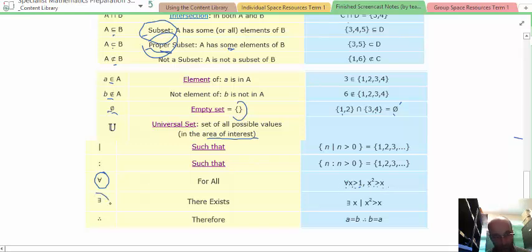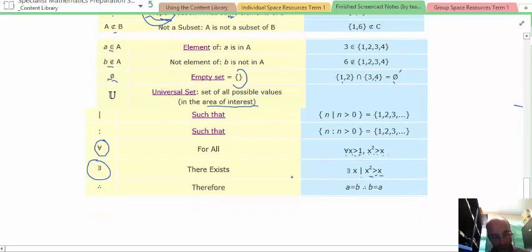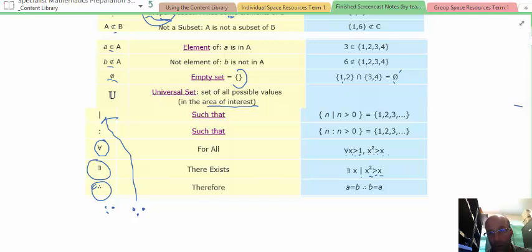Reverse capital E means there exists values of x such that x squared is greater than x. Lastly, therefore. You've seen that before. There is an inverted version of that which also means such that. So the inverted one means the same as that, but it's used differently.